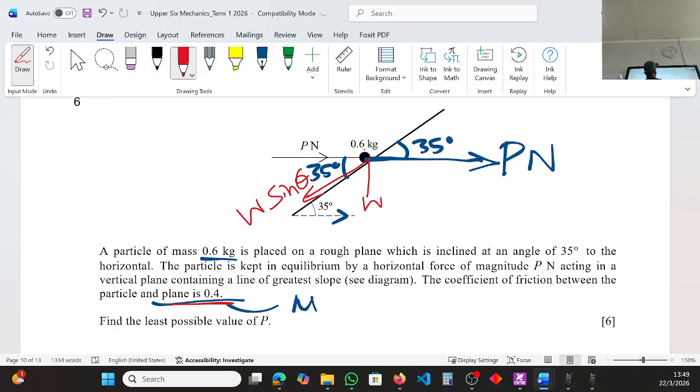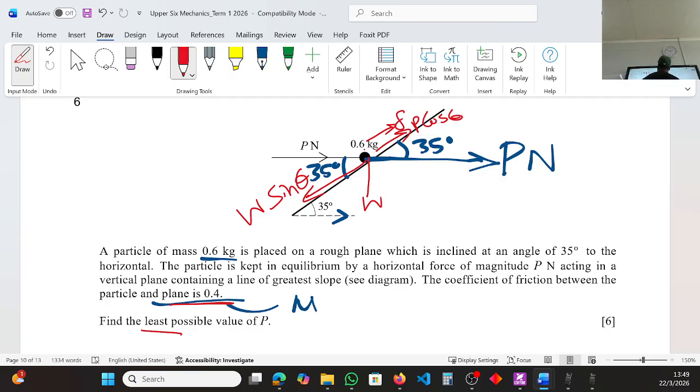So if it's about to go up, it means friction will be facing down the plane. If it's about to go down, it means friction will be facing upwards. So we want the least. We only find the least if the force applied P, and for this case it's going to be cos theta, is in the same direction as friction. Then we have the least value of P.